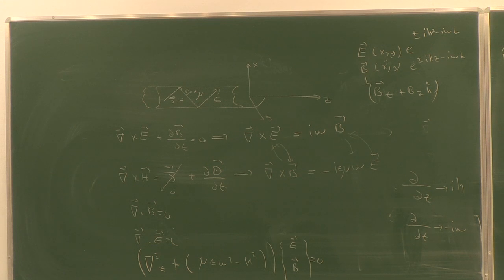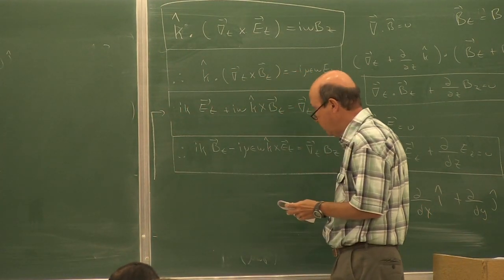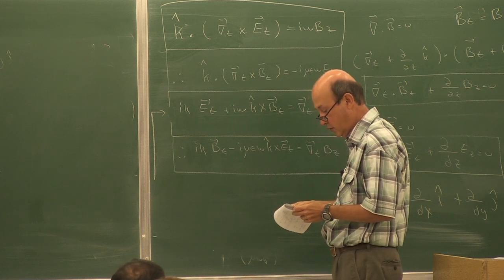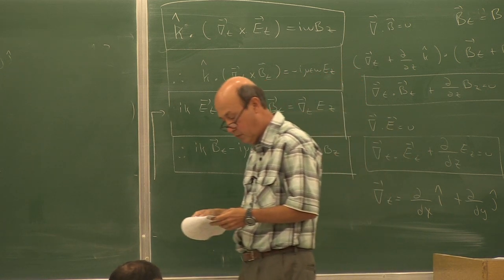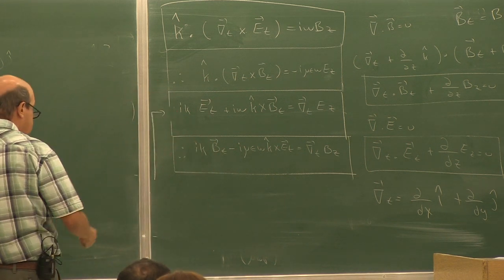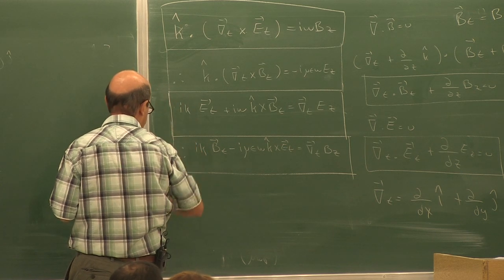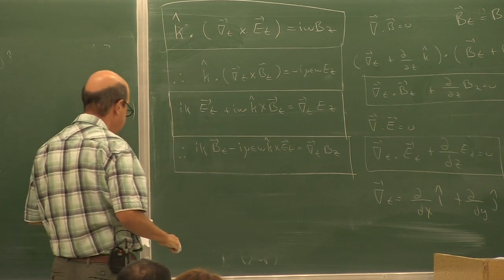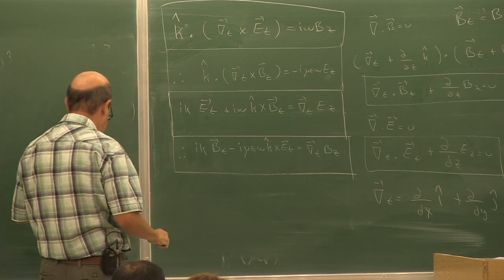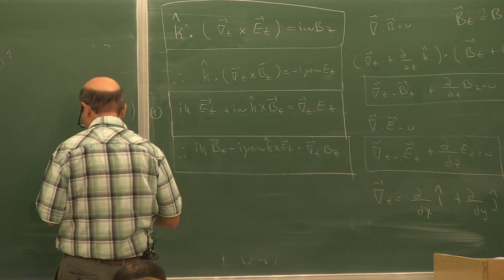So I'll take one of them, let's say plus, not to confuse things much. Now, how do I solve this for the transverse components? Instead of del over del z, I write ik. Let me say this is the first equation and this is the second equation.